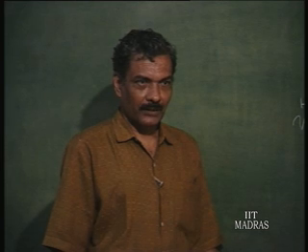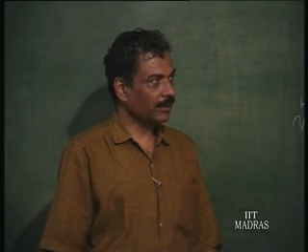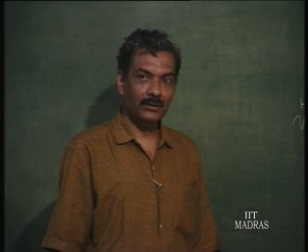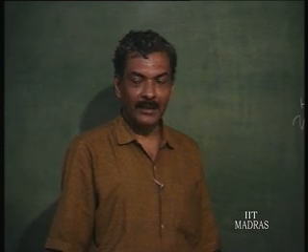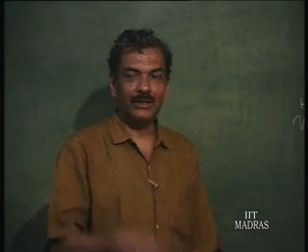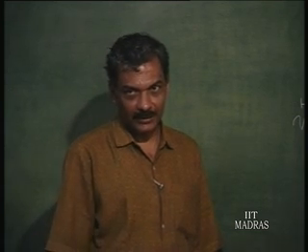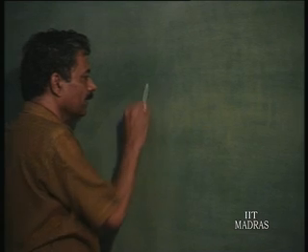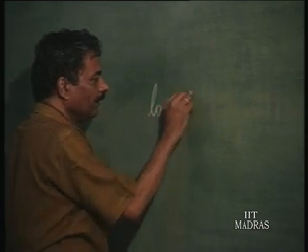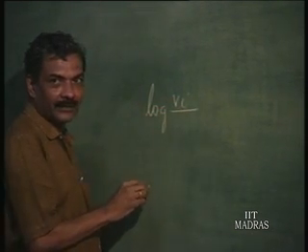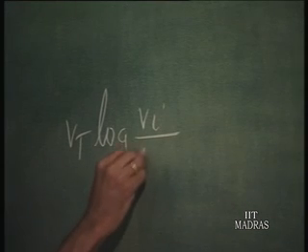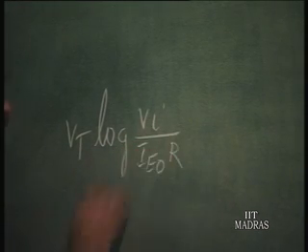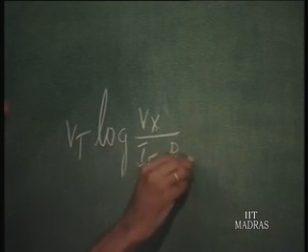Now, this is not necessary when we want to adopt both log and anti-log together to form what is called a multiplier. You will see this automatically, because let us take log of Vi. Obviously, because of current dependence, it will be Vt log IE naught by some R, let us say Vx by Rx.